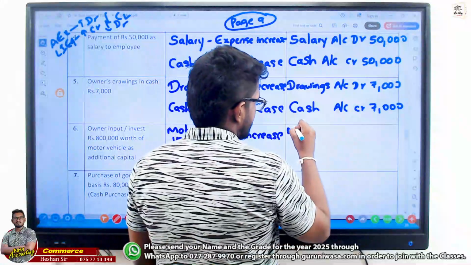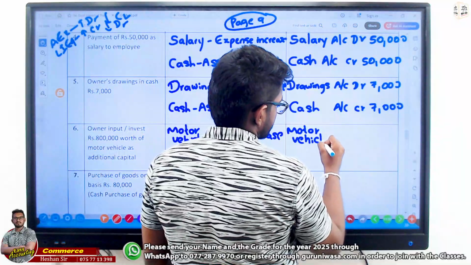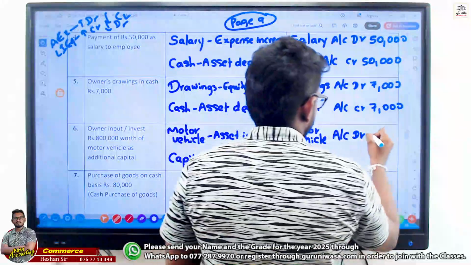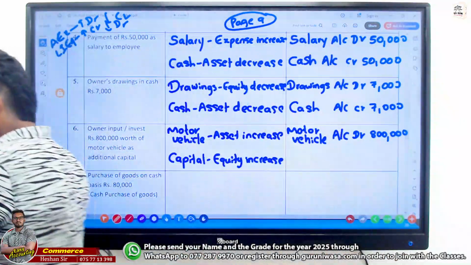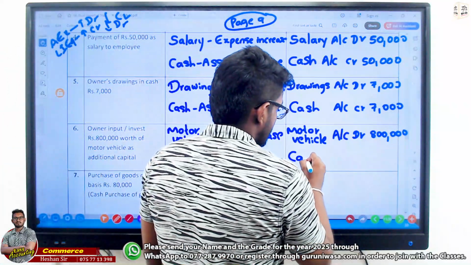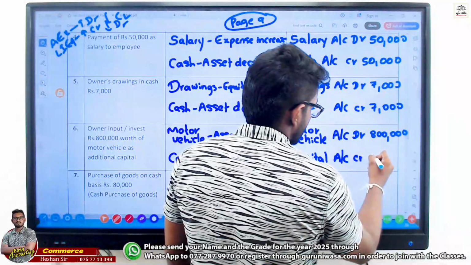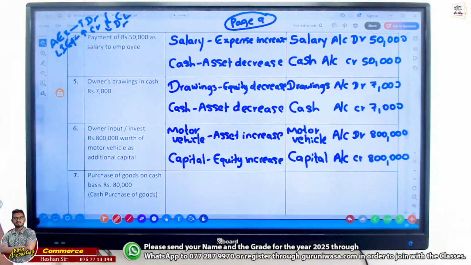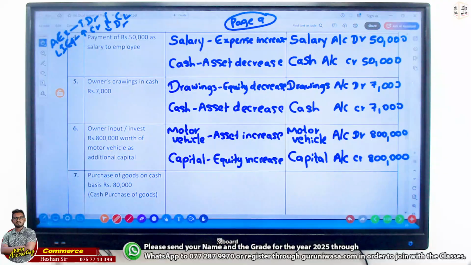So motor vehicle account debit, how much? 800,000. Since it was invested, the ownership increases. So capital account credit 800,000.